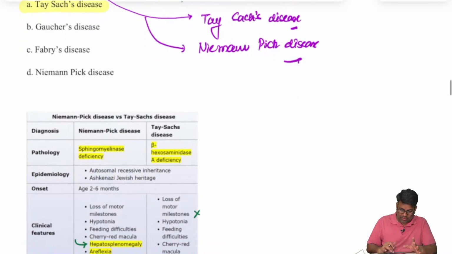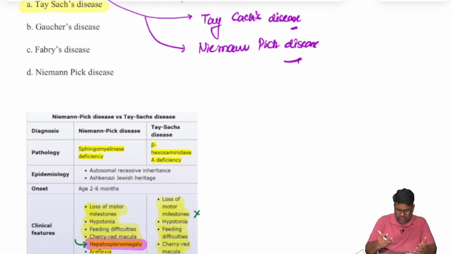So that is a very basic difference in terms of organ enlargement, because otherwise many features are almost the same. You will have cherry red spots in both conditions, then hypotonia, delay of milestones, and feeding difficulties.